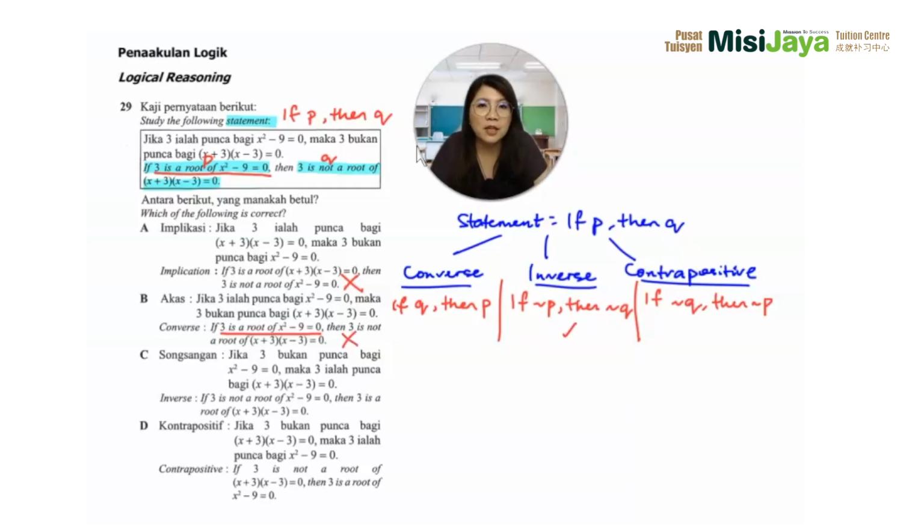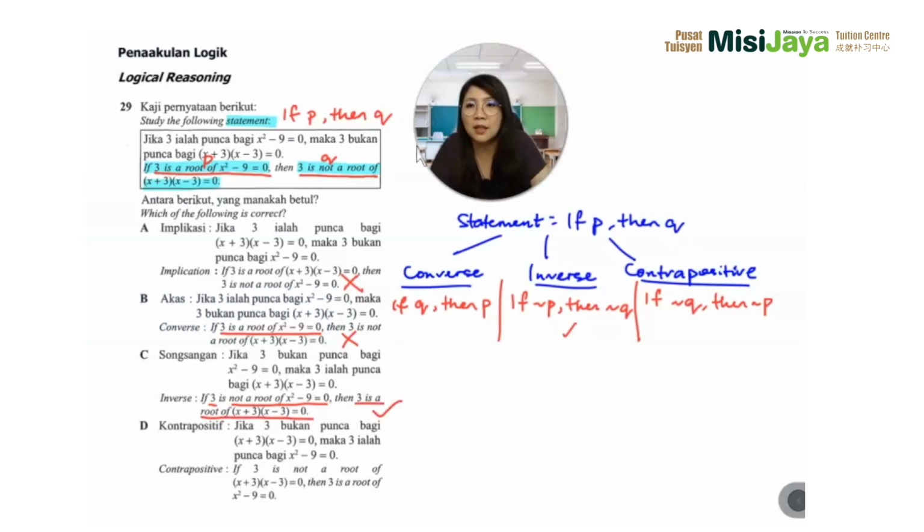So for C, inverse. Inverse is if not P, then not Q. If it's not P, which means 3 is not a root of x squared minus 9 equals 0. Then let's look at the question: 3 is not a root, so the opposite is 3 is a root of (x plus 3)(x minus 3) equals 0.